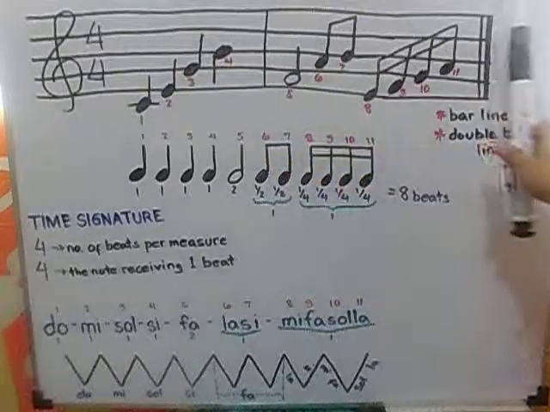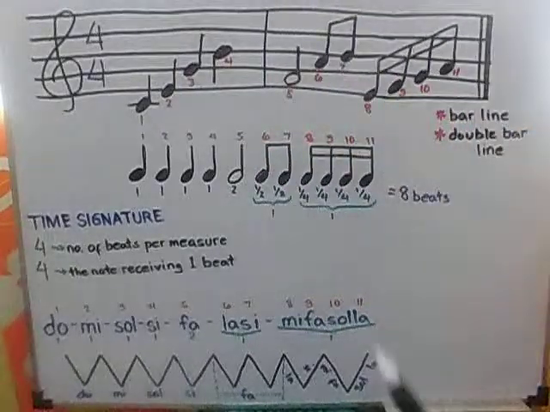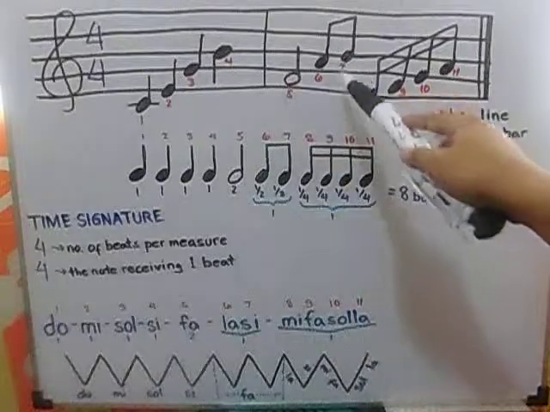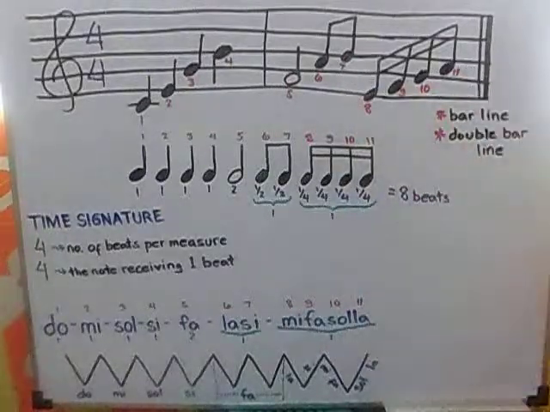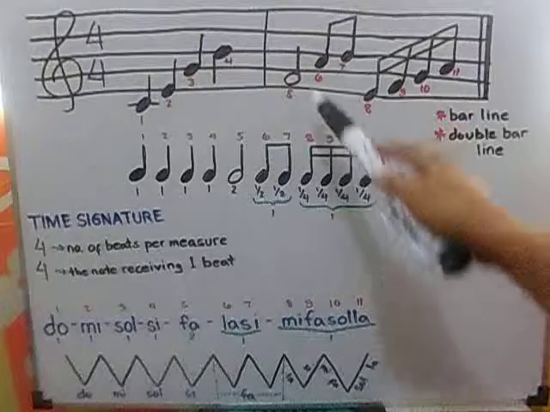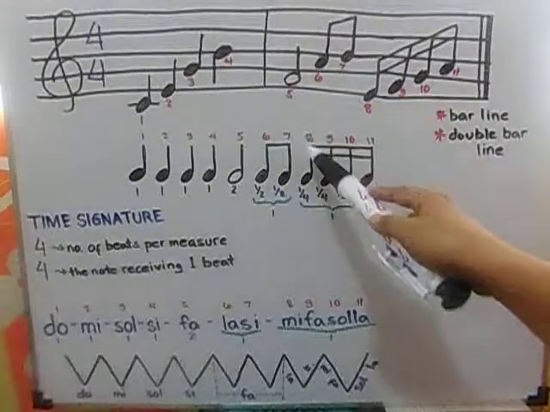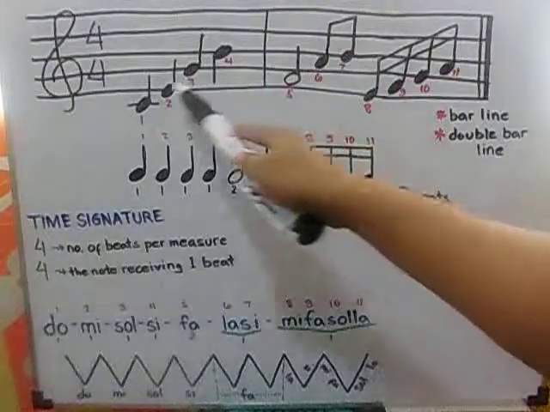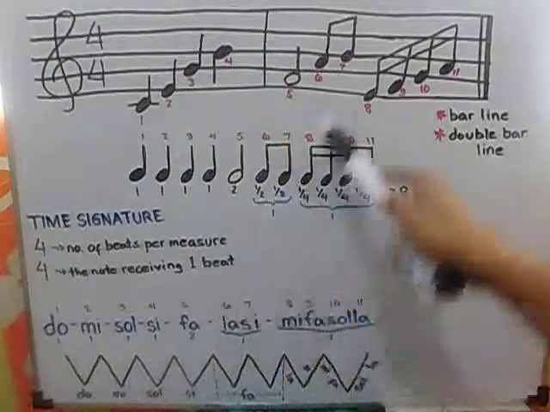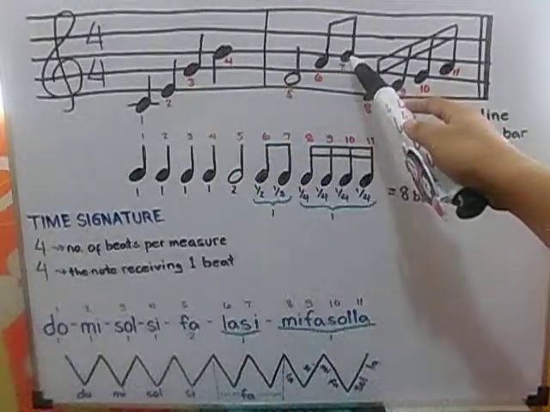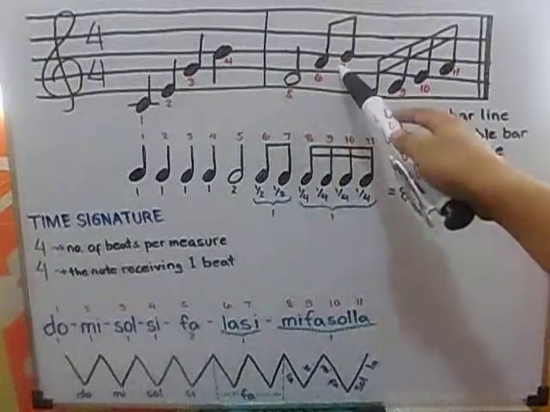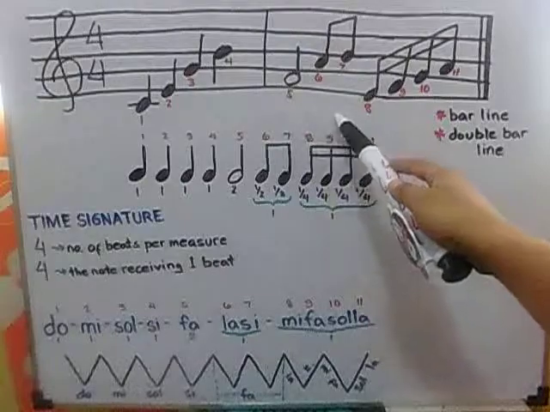In the second measure, we have a half note, 2 eighth notes, and 4 16th notes. A half note is equivalent to 2 quarter notes, and 2 eighth notes are equivalent to a quarter note. So 2 plus 1, we already have 3 quarter notes.